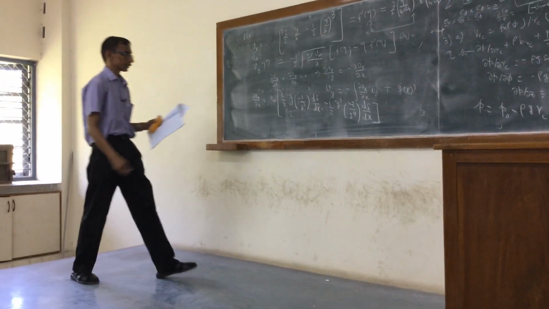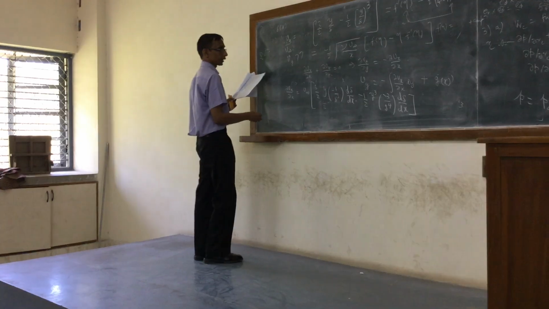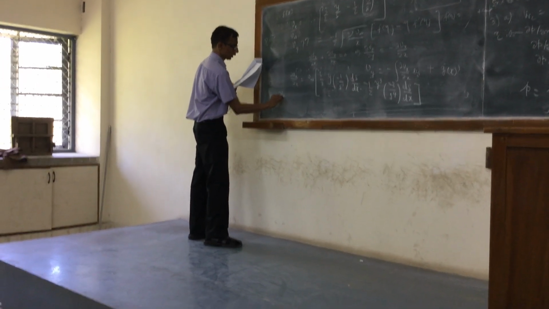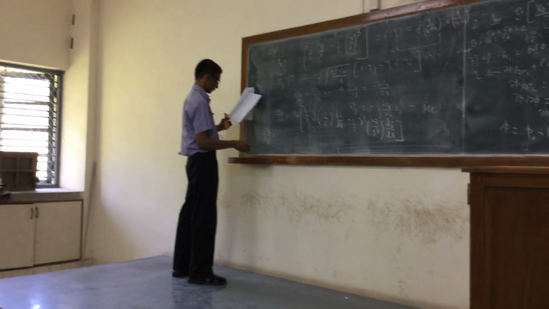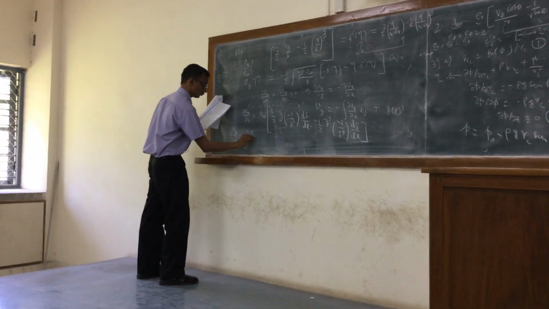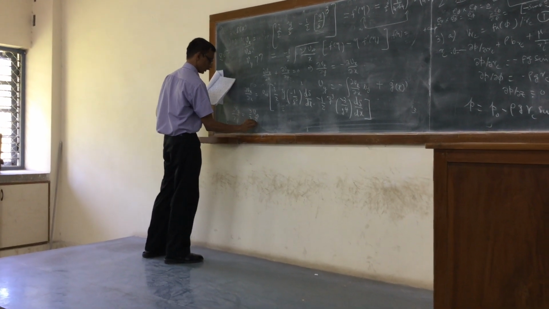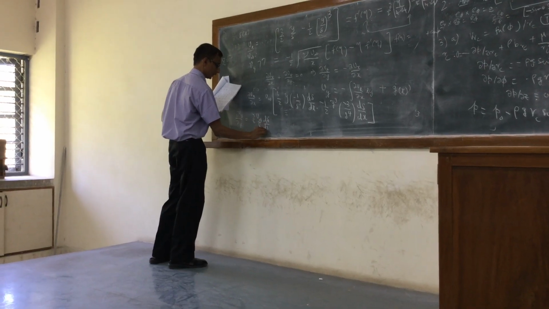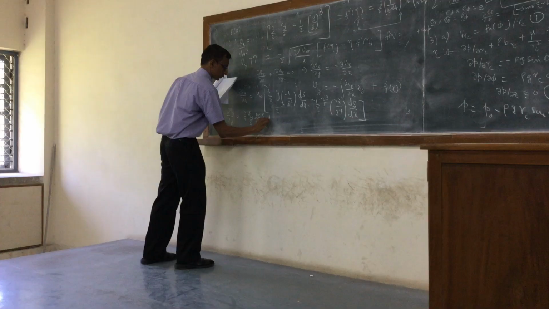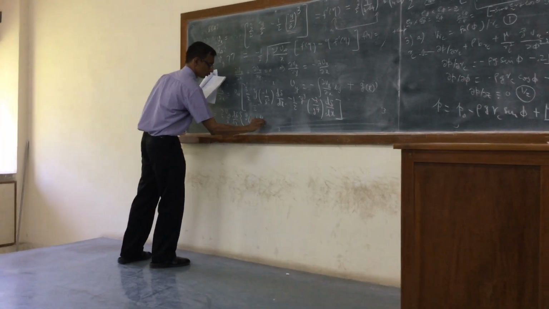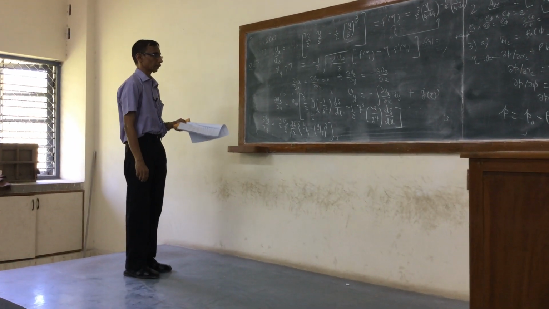We can take a lot of common factors, and finally I can write dVy by dy as minus of this. It can be written as 3 by 2 V infinity divided by delta times d delta by dx, and then within brackets y over delta minus y over delta cubed. This is dVy by dy.